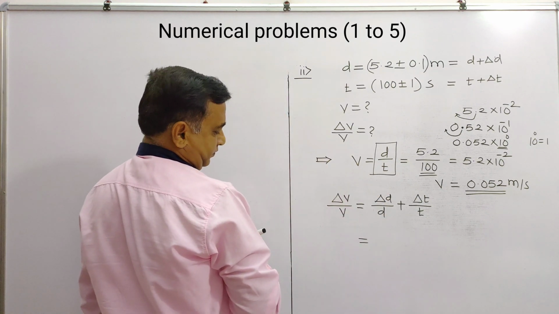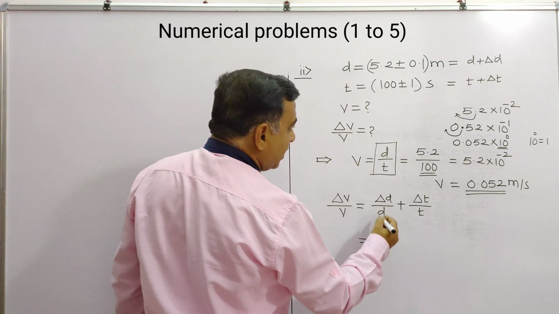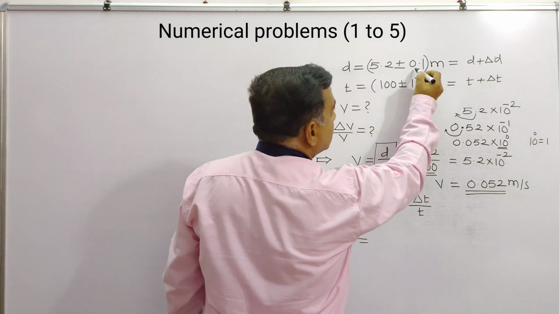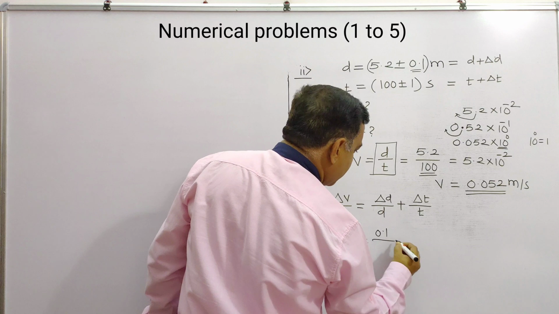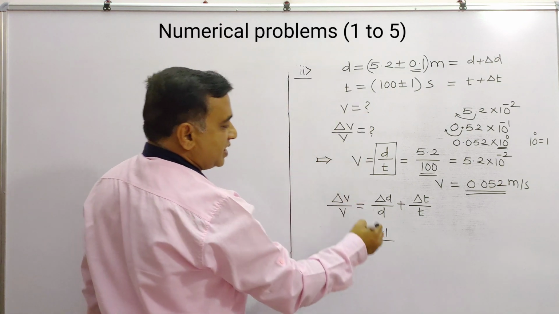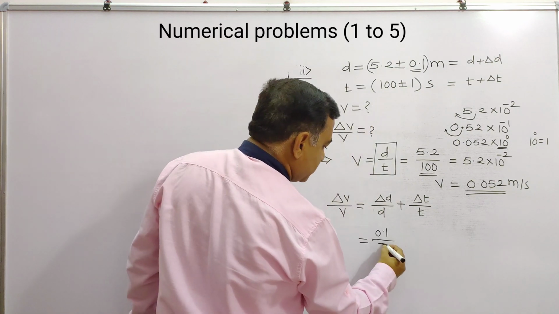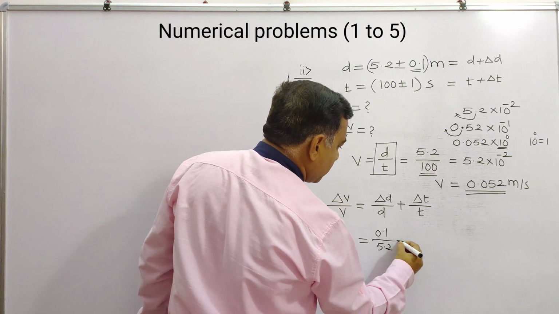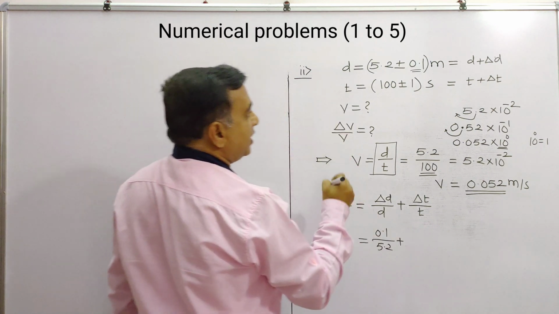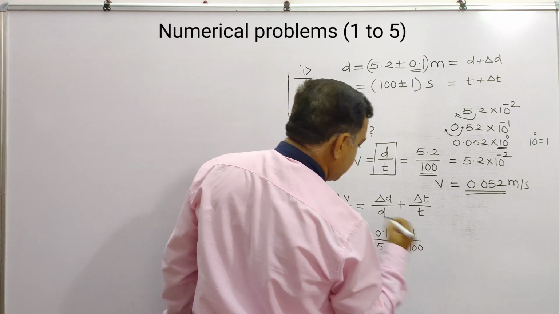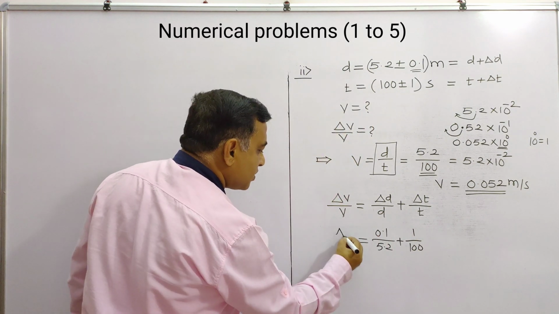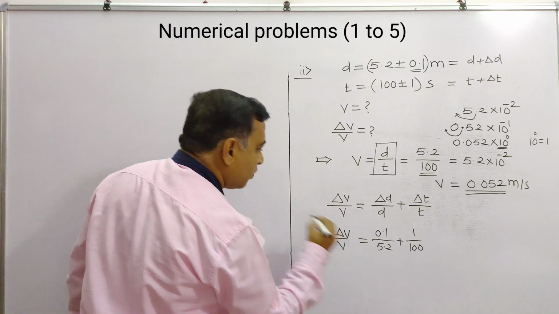Going to substitute all the values. Delta d is how much? Here it is 0.1, divided by d, and d is 5.2, plus delta t, that is 1, divided by 100. So accordingly, this is the error that we need to calculate now.